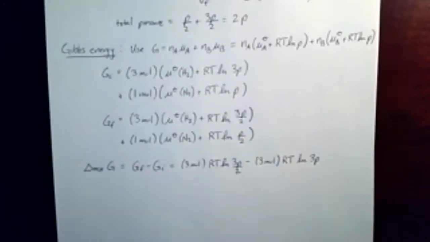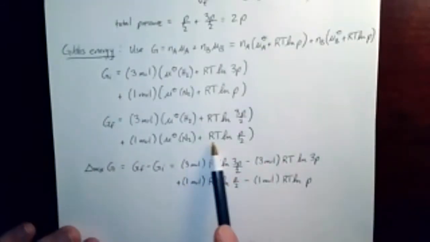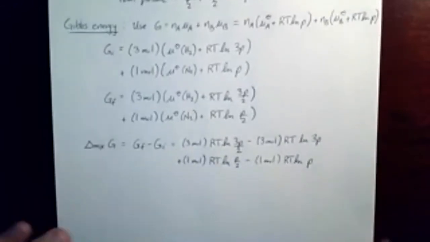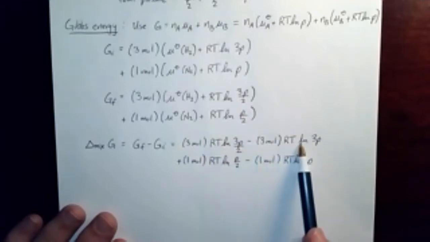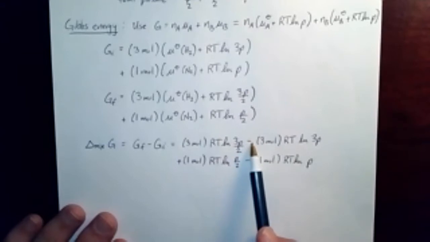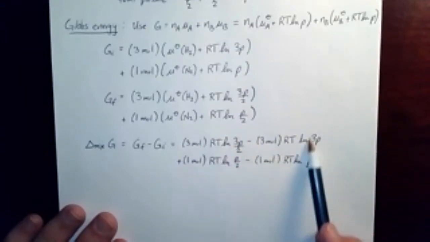And then I need to do the same thing for the N2 terms. So it's RT ln p over 2 minus RT ln p. Now you see that I have 3 RT ln, 3 RT ln. I'm going to combine these. This is a subtraction, so to combine these natural logs, I take this argument and divide by this argument.